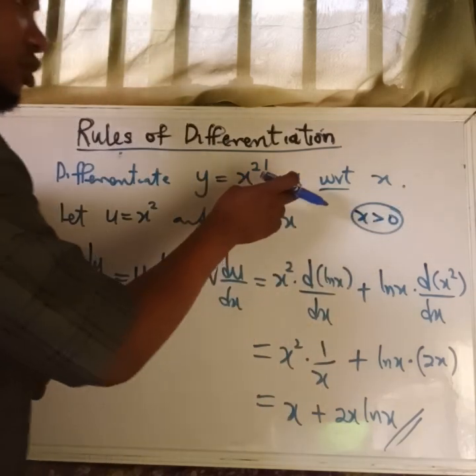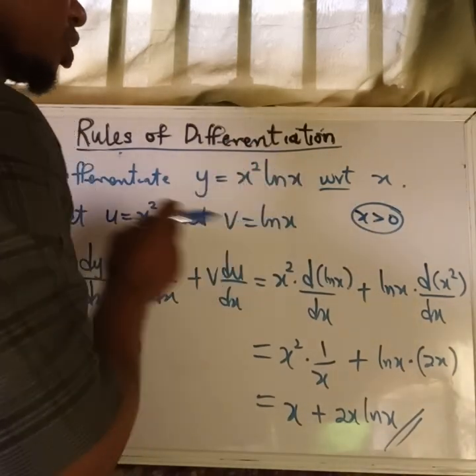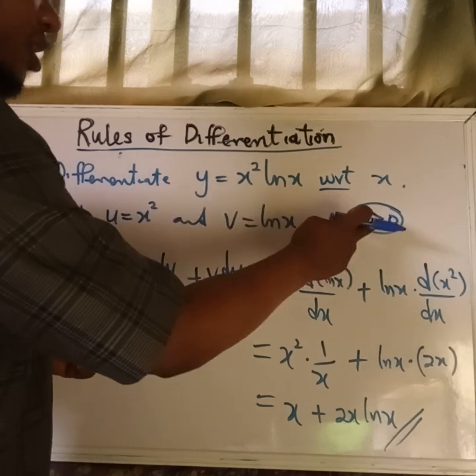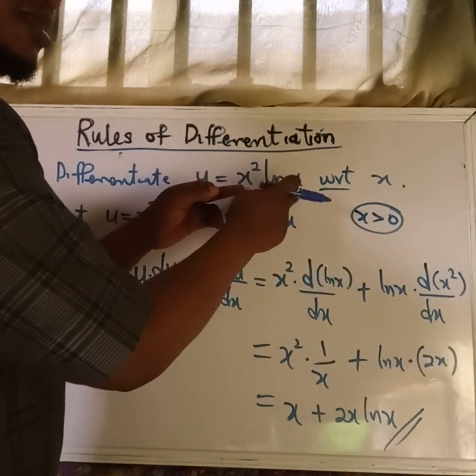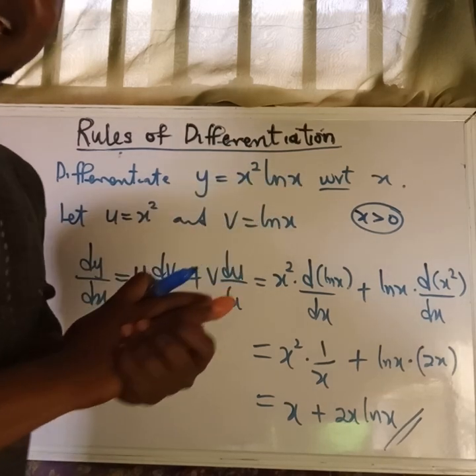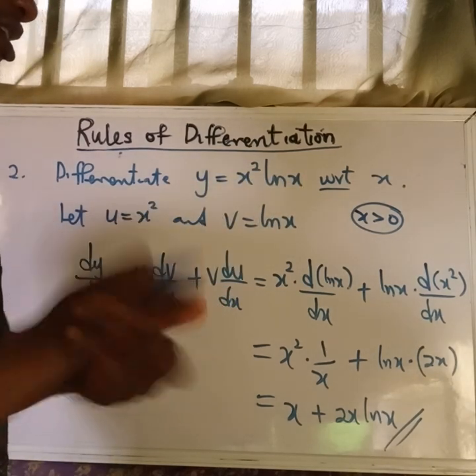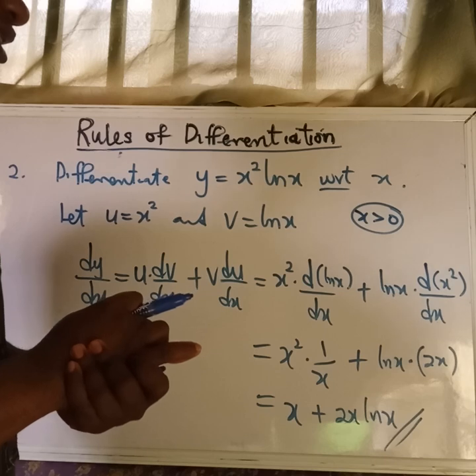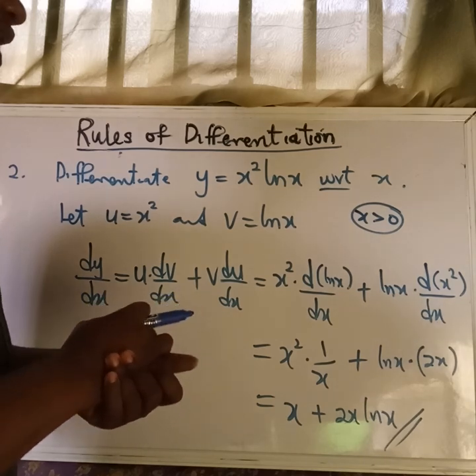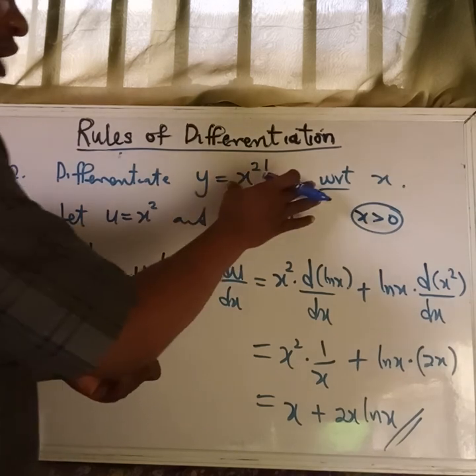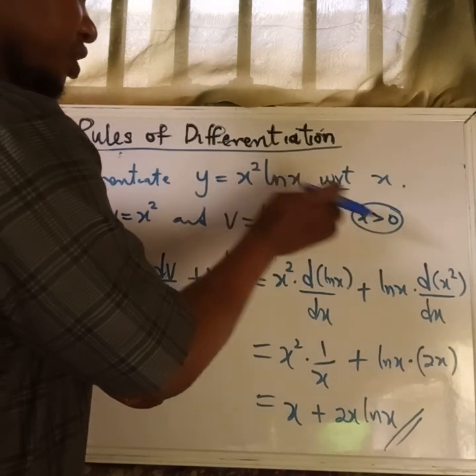Because if you substitute, for example, when x is 0 here, this will be 0 squared multiplied by ln 0, and ln 0 gives negative infinity, which is an undefined term. So because of that, we say this function is differentiable only for positive x.